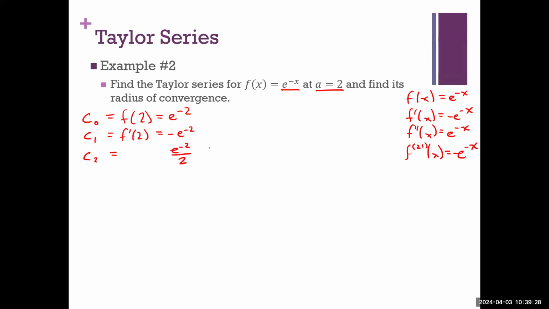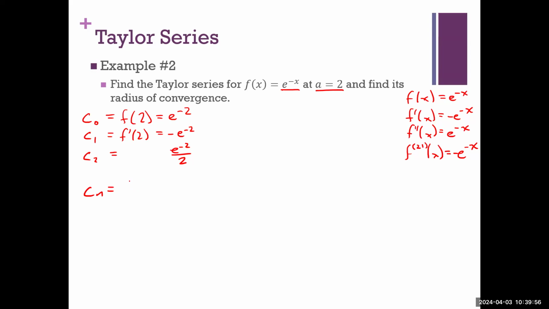Okay, so I got the first 3 coefficients. It sounds like we're getting a sense of some of the patterns that are cropping up. So what can we do now? Let's write down what C sub n is. This is probably going to be where most of your work is done, where the most crucial things are decided.